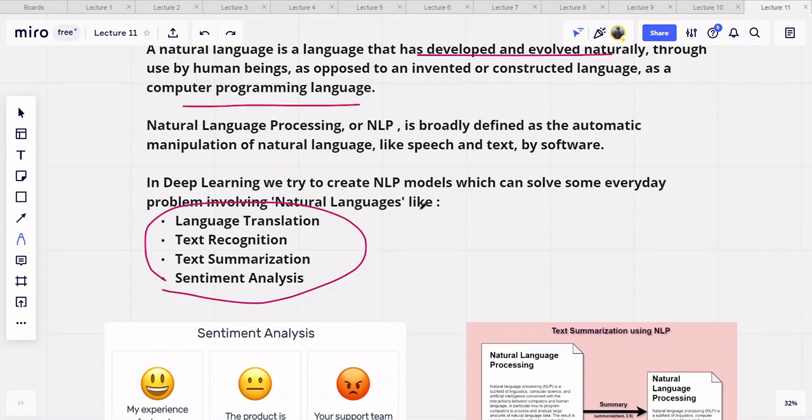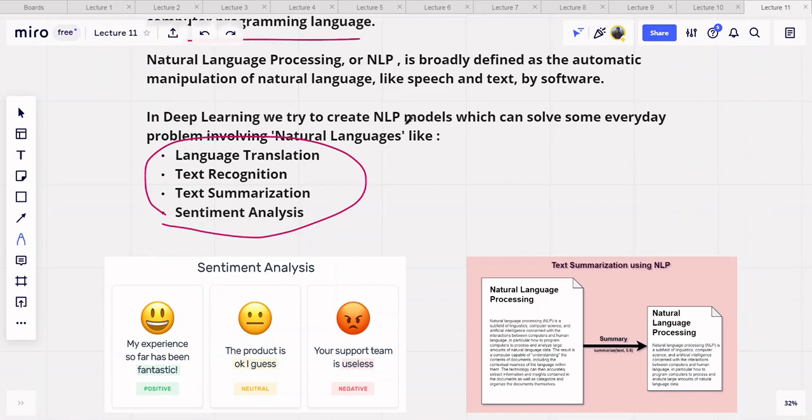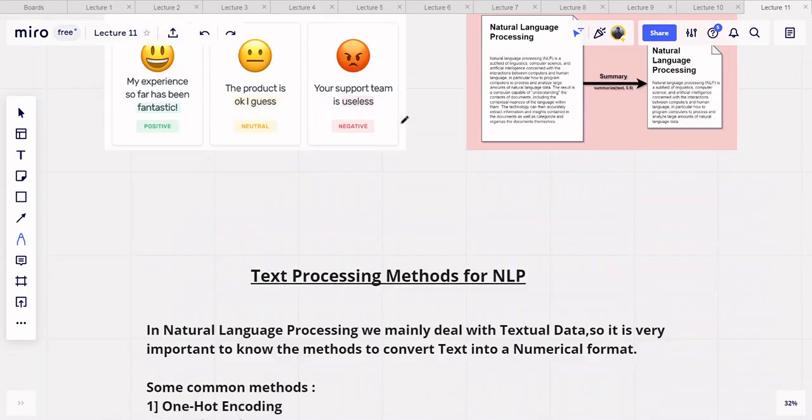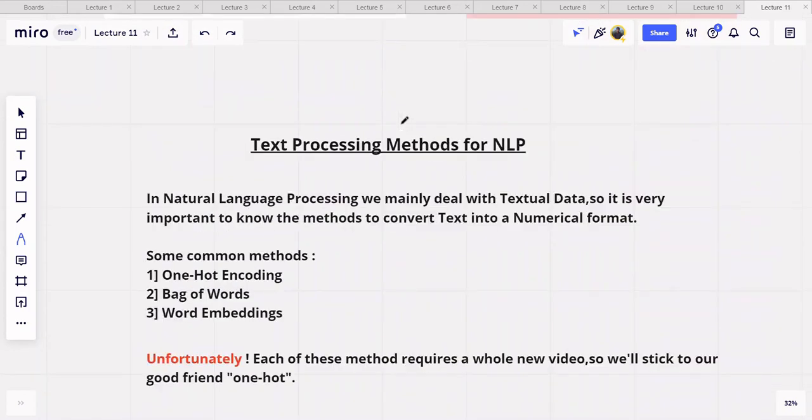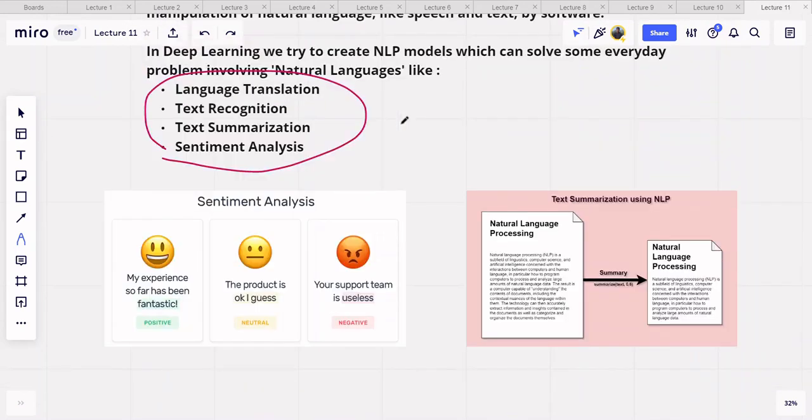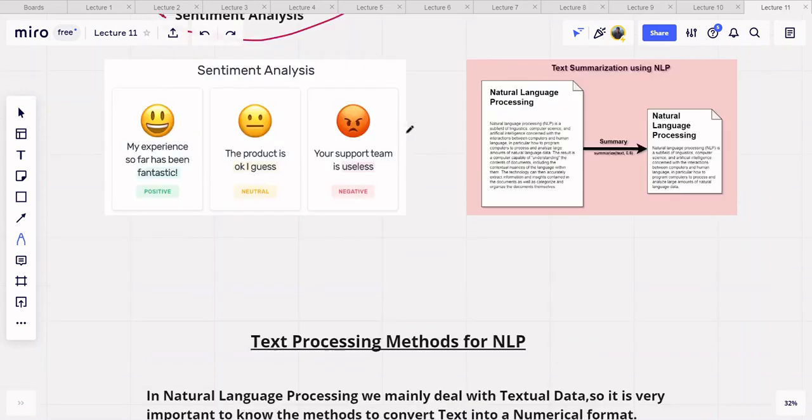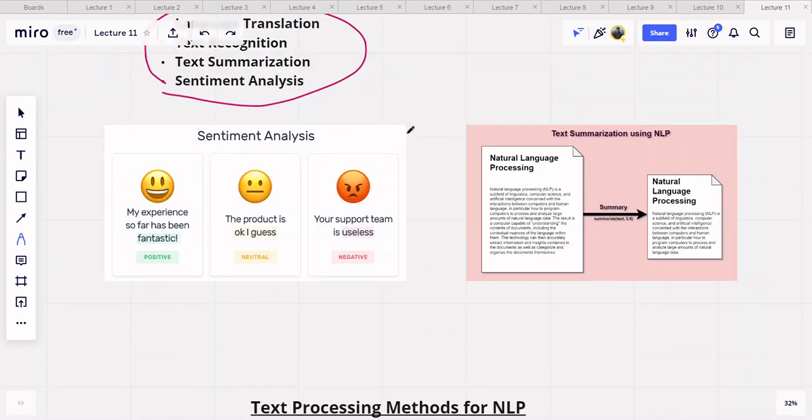That may include language translation, text summarization, sentiment analysis, all this. Now, the textual data that we are dealing with is in a string format, and we know that our deep learning models cannot handle textual data. They cannot handle string data. They can only handle numerical data.